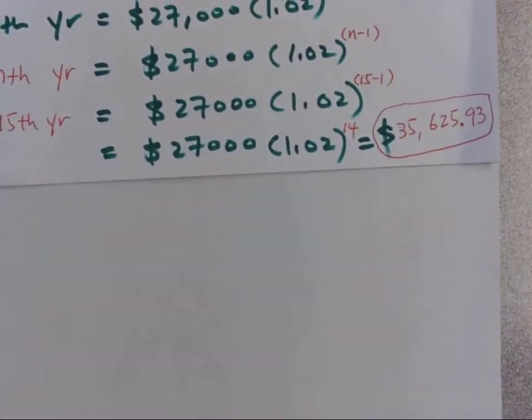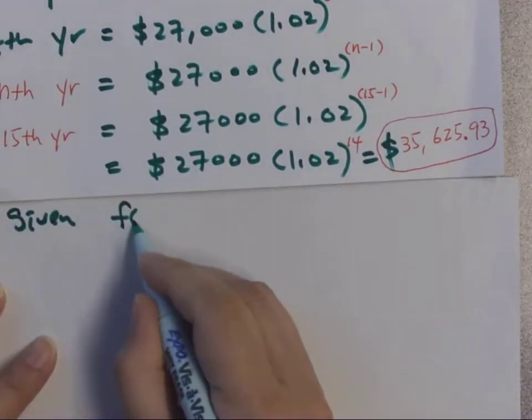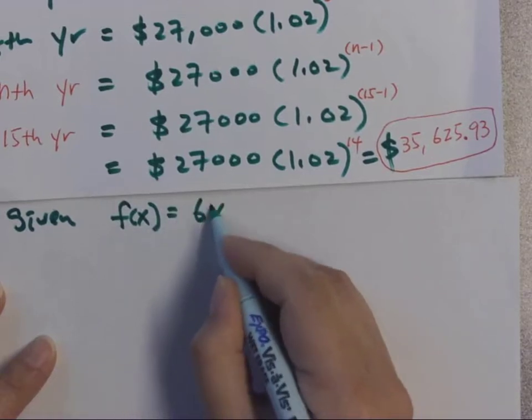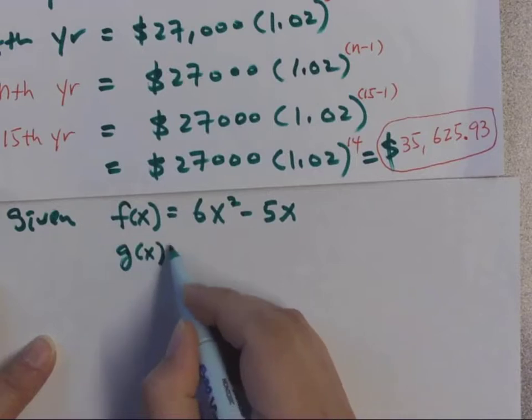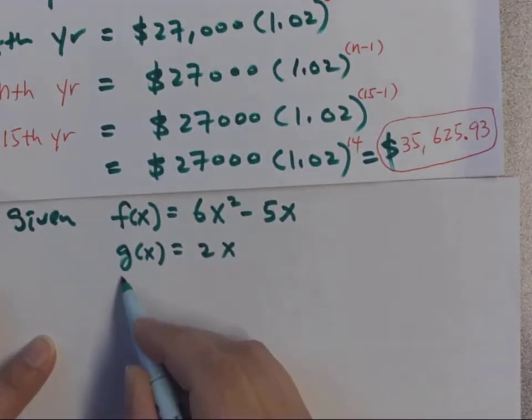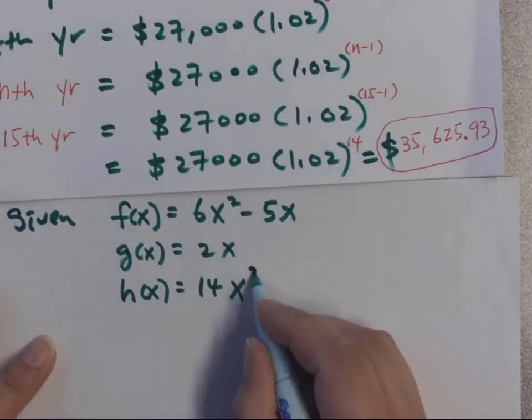If I give you some functions and ask you to do different things with them, given f of x equal to 6x squared minus 5x, g of x equal to 2x, h of x equal to 14x squared.